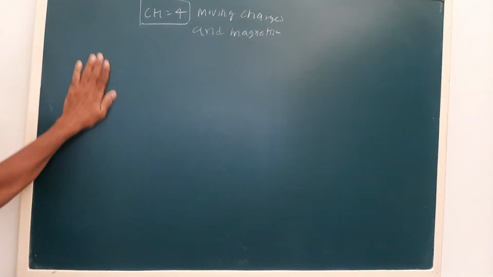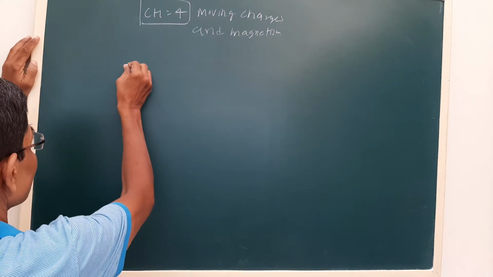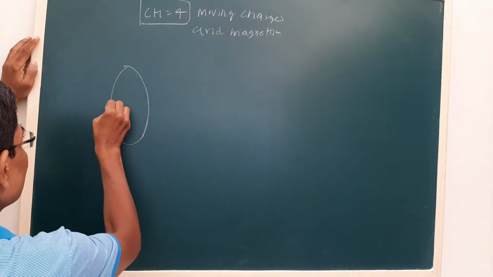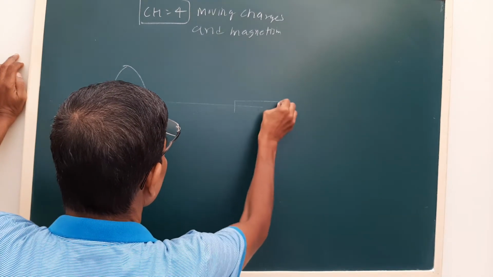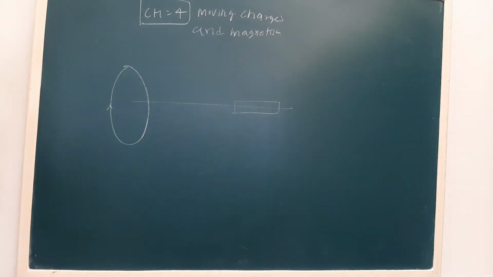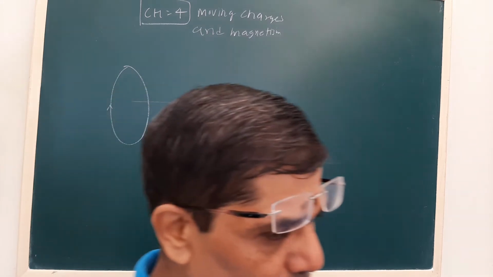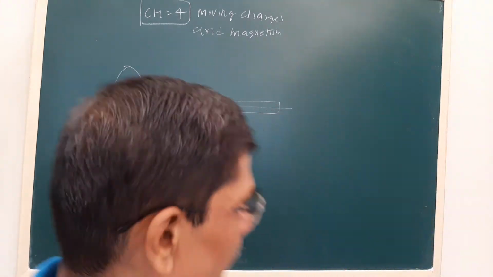Now let us say this is a current carrying loop. Now this we can consider. The current carrying loop we can compare with a bar magnet. There is some relation, equivalence also, that we are going to show now.